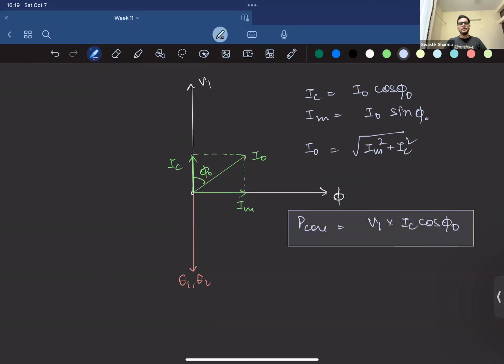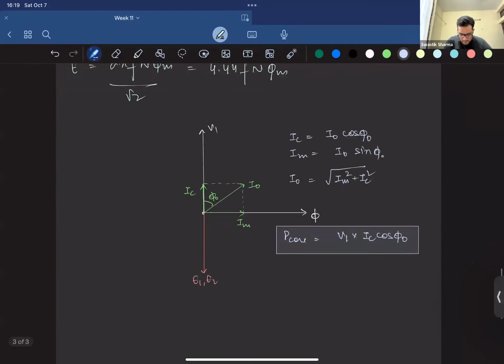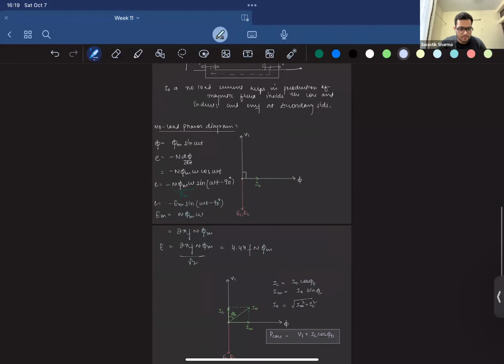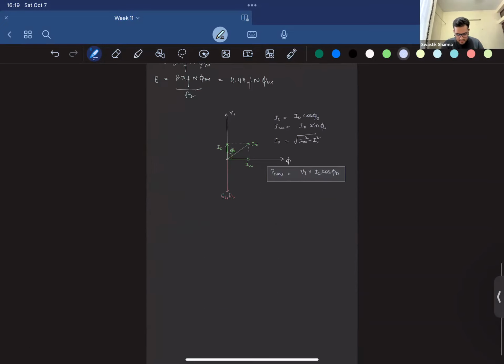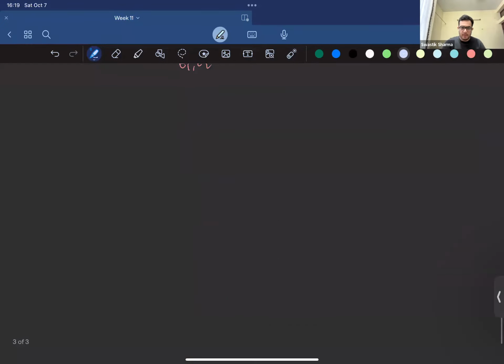So this is what the phasor diagram for a transformer on no load will look like, right? Now let's move on. Any doubts up until now? So it's easy, right? Let's move on.